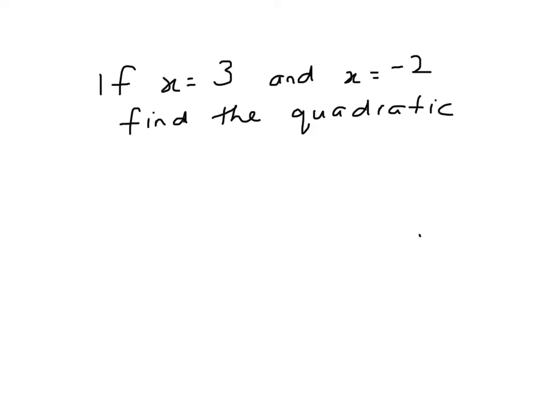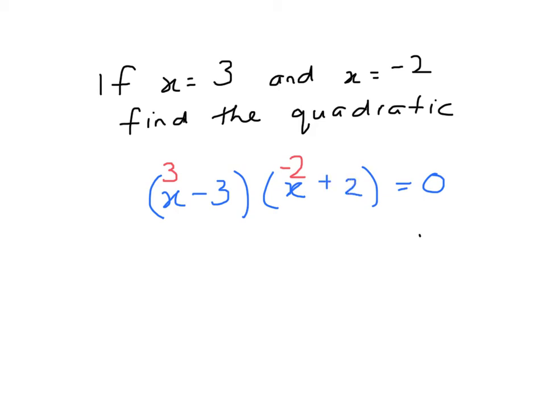So we know if these are our roots, we have x in two brackets here equals 0, and one of our values of x is 3 and the other value of x is minus 2. To make this bracket 0, I'd have to do a minus 3 there. For a negative 2, to make this 0, I'll add in positive 2, won't I? 3 minus 3 is 0 in that bracket, and x plus 2, with x as negative 2, would make that 0.